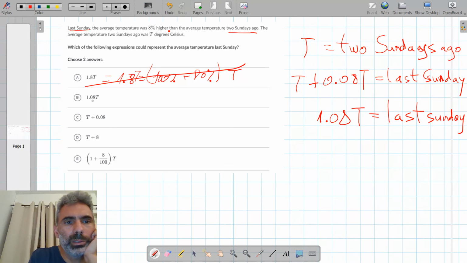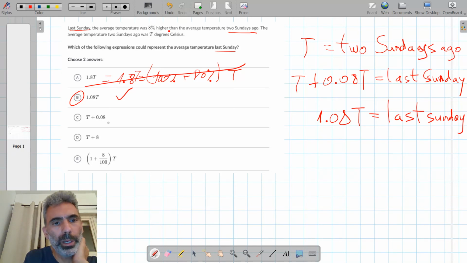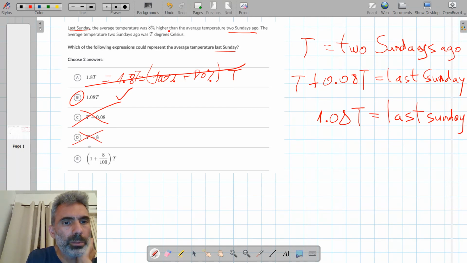1.08 T is correct because it's only 8% higher, which is good. And this is incorrect because it's not the temperature plus 0.08, it's the temperature plus 0.08 of T. It should be times T here. So C is incorrect. And D is incorrect for the same reason.